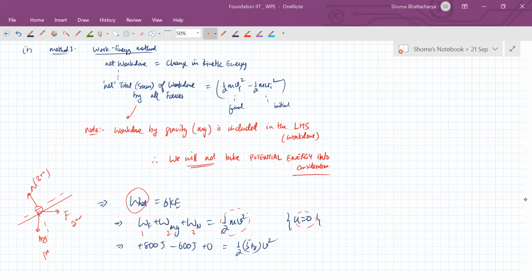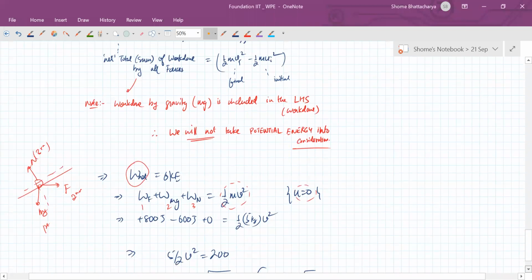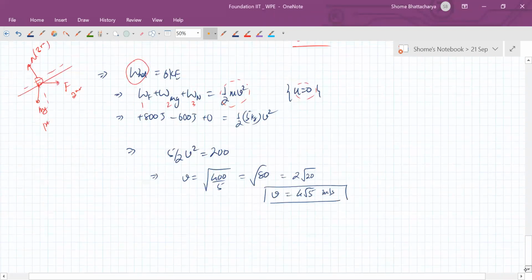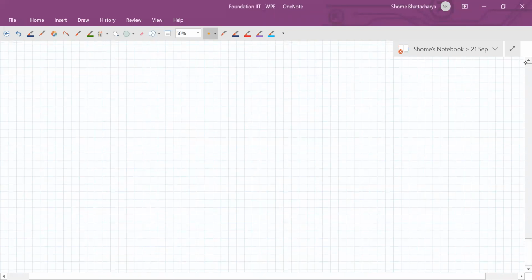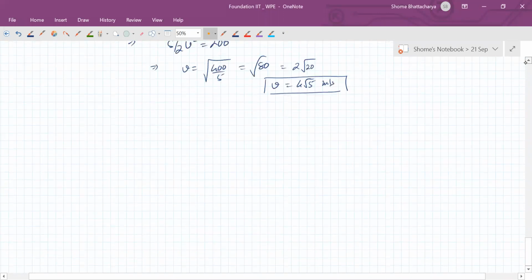Okay, good. Better. Now let us see the other method of solving this. I just left the calculation part, but you can see the calculation part.